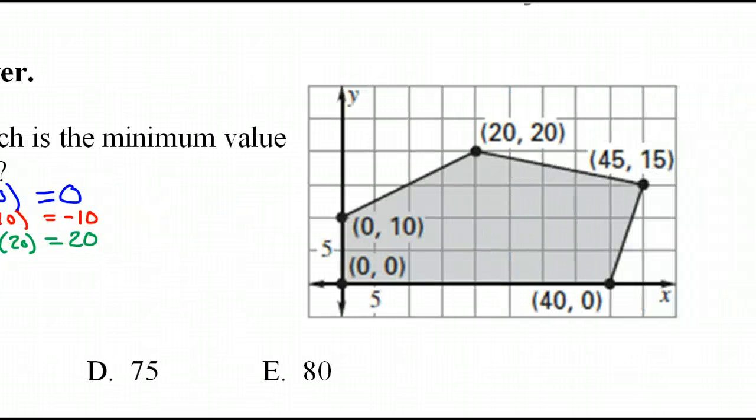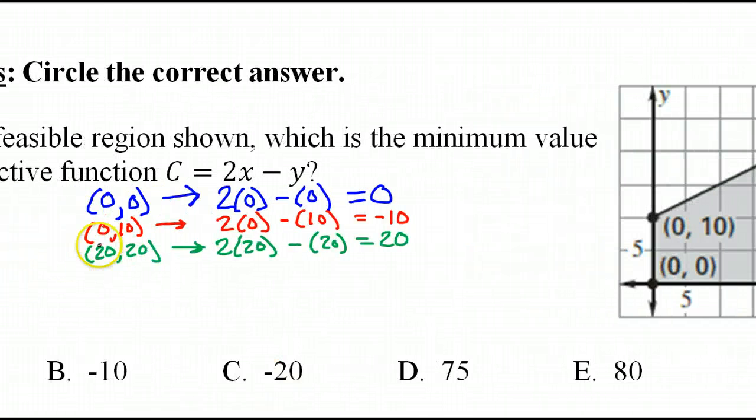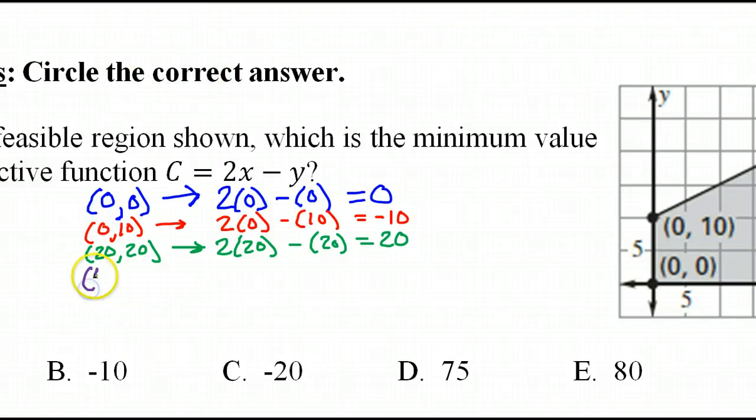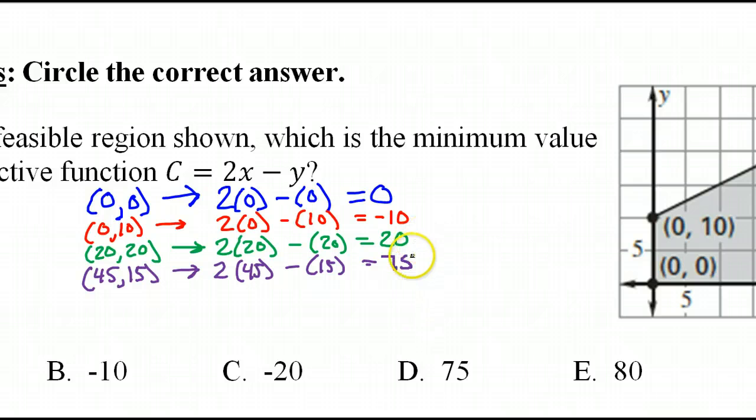If I do 45, 15, that's going to be 2 times 45 minus 15. That's going to be 90 minus 15, 75.